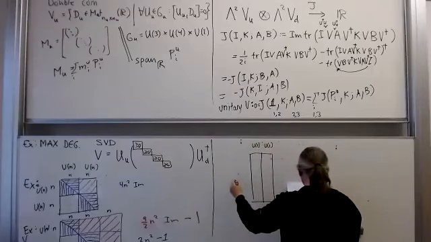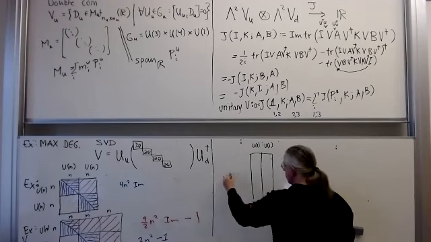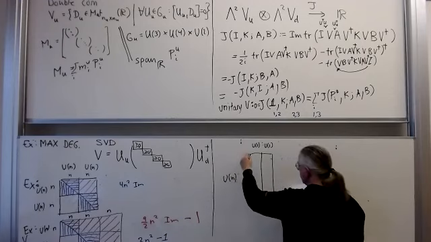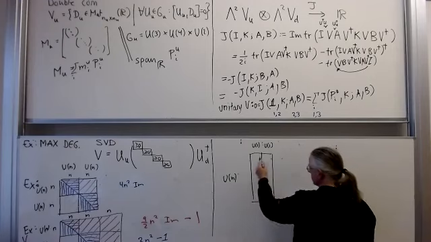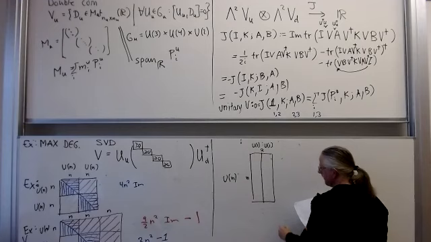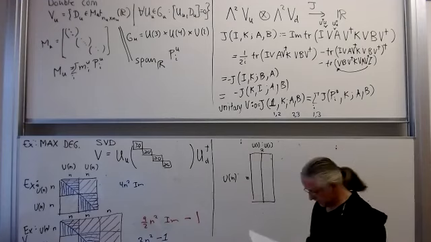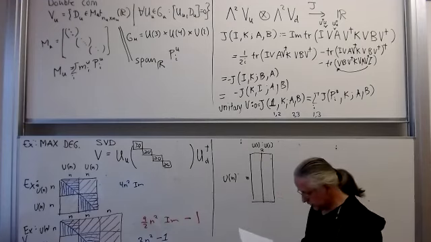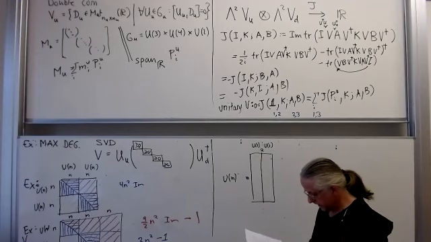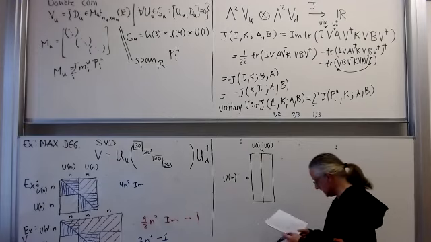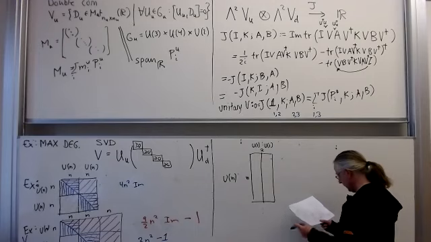But then there's a maximal U n in the up sector here. So let's imagine that we have an n times 2 matrix, and the question is, can we reduce this one? And the answer is yes, and it goes as follows.